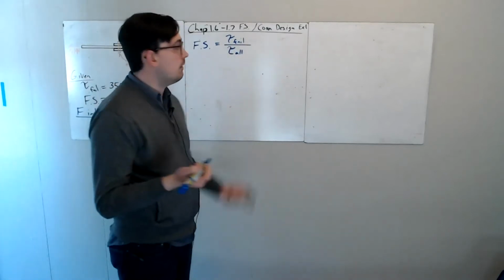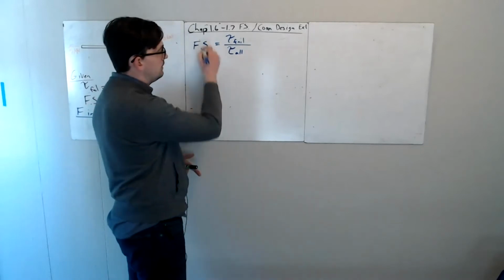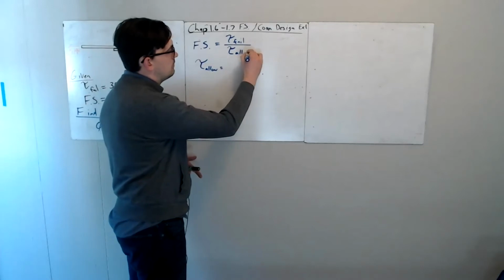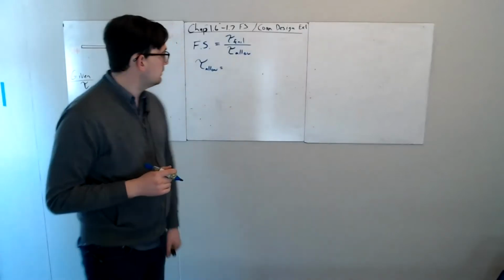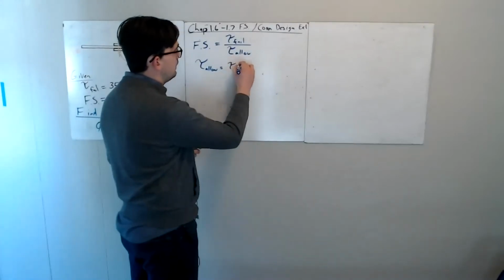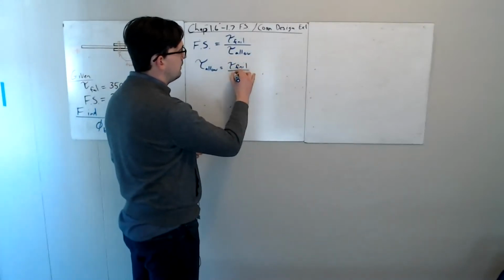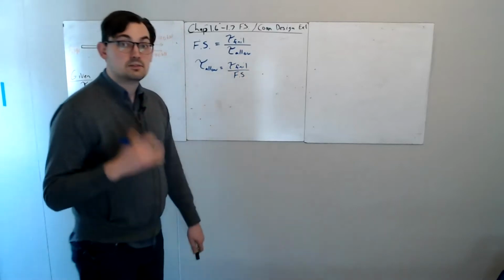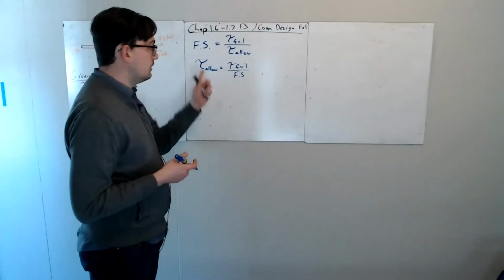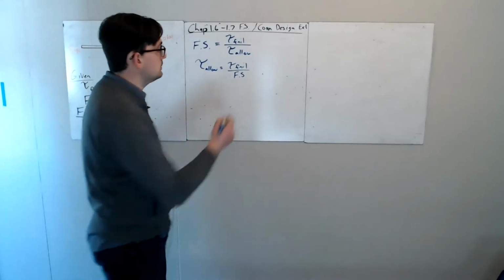So to figure out allowable, we'll rearrange this. Tau allowable is going to be our failure stress divided by our factor of safety. That's what we expected. We always want that allowable stress to be smaller than our failure stress. Otherwise, we're going to be in trouble.